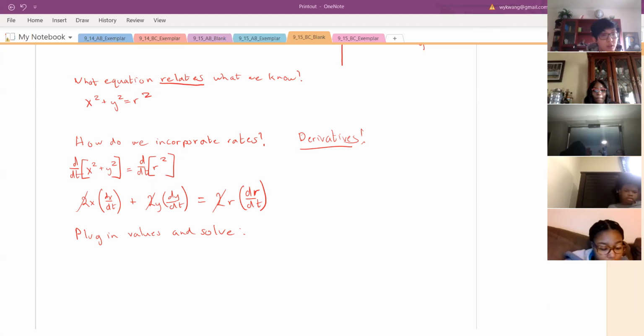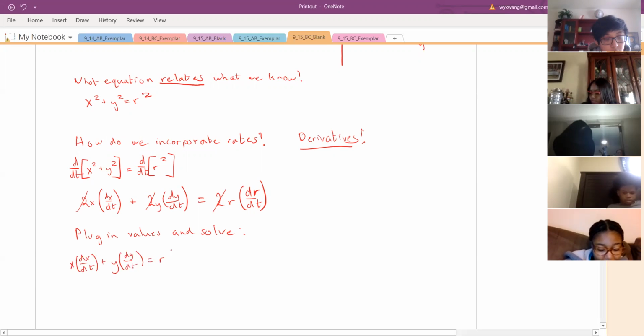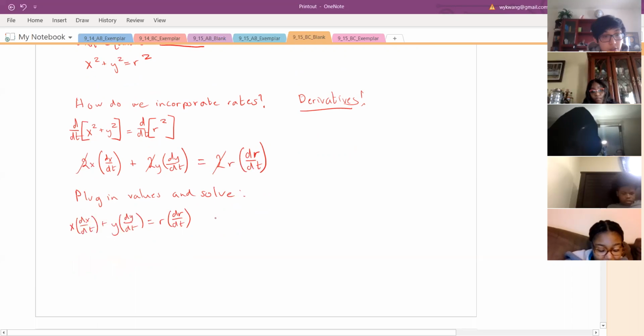Okay, cool. So we're just going to plug in values. I'm going to rewrite the equation. So x times dx over dt. Remember, we don't need to include the 2, plus y dy over dt equals r dr over dt. So let's just plug stuff in.